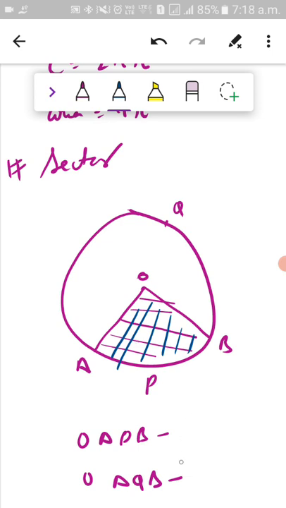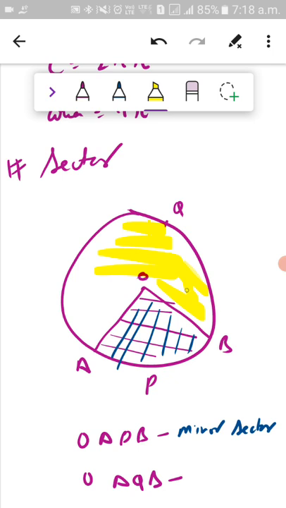So this is the minor sector, and OAQB here, which I am shading, is our major sector.